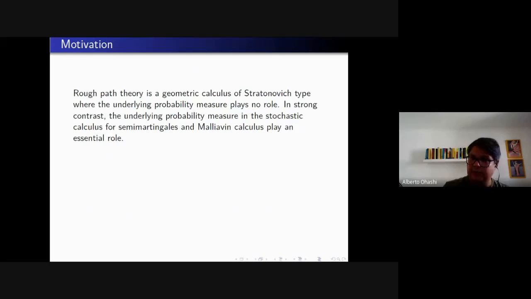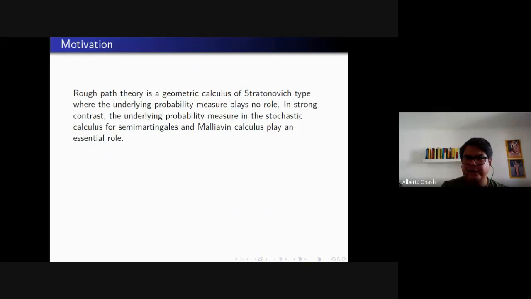In contrast, I just want to recall that stochastic calculus is not like this. We have a correction term when you apply a smooth function to a stochastic process. This is a strong contrast with classical stochastic calculus, when X is a semi-martingale, and also with Malliavin calculus.